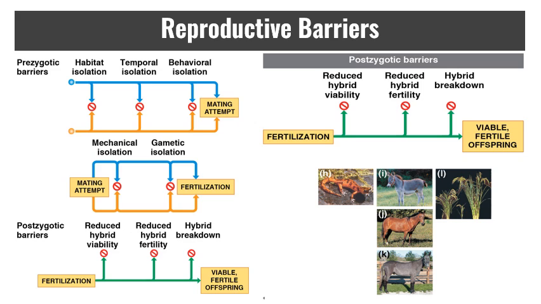The third one really can only be seen over multiple generations, and this is hybrid breakdown. Basically, if the offspring of the hybrids lose those hybrid traits over time, that is going to be hybrid breakdown. So the first generation hybrids mate with other parent species or with each other, but the next generation becomes incredibly more feeble or sterile over time.